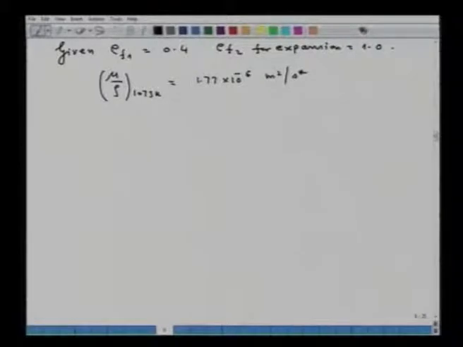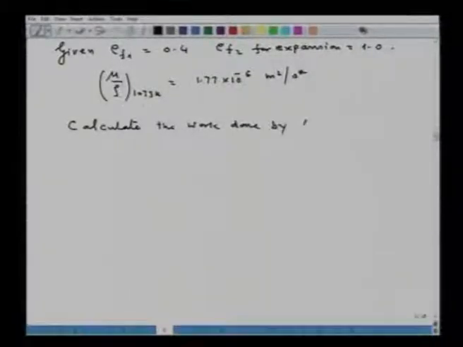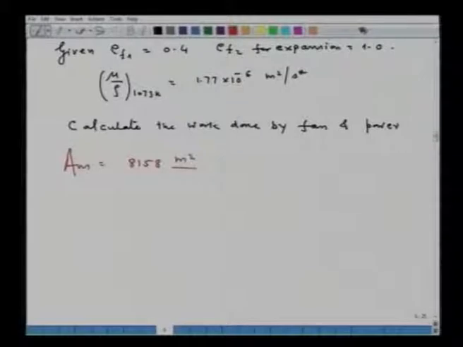So, you have to calculate the work done by the fan and power. The work done by fan is 8158 meter square upon second square, and power is equal to 8.8 horsepower.